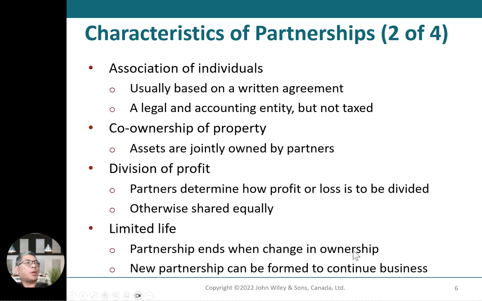Limited life: a partnership ends when there is a change of ownership as well. When my partner John decides to sell his stake to somebody else, then my partnership with John will end. So let's say John sells it to Jane, so my partner becomes Jane instead of John. A new partnership can be formed to continue the business as well.